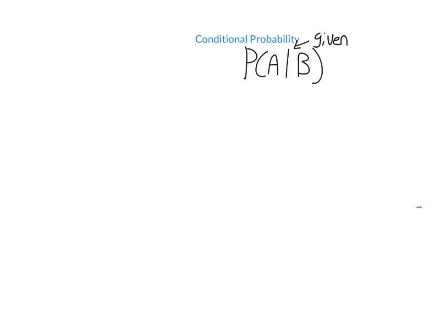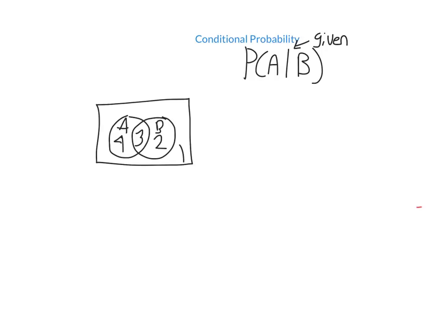Okay? So let's have a look at how we actually figure this out. So I've drawn a Venn diagram here with just some random numbers. So if I want to find the probability of A given B, what I'm saying is I know that I'm in the B circle. What's the probability I'm also in the A circle?